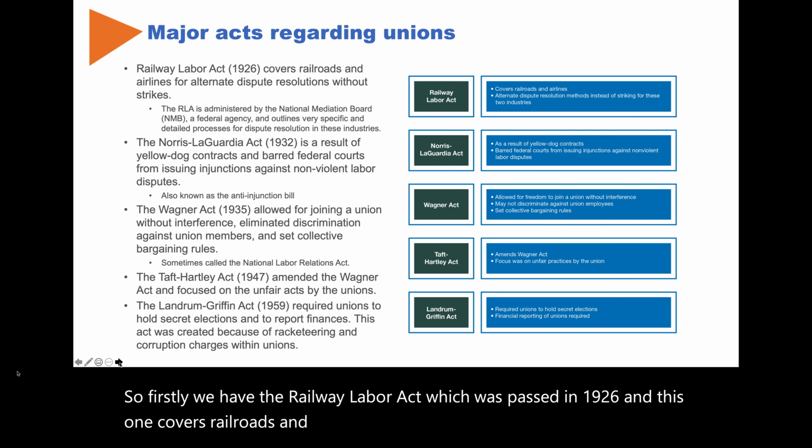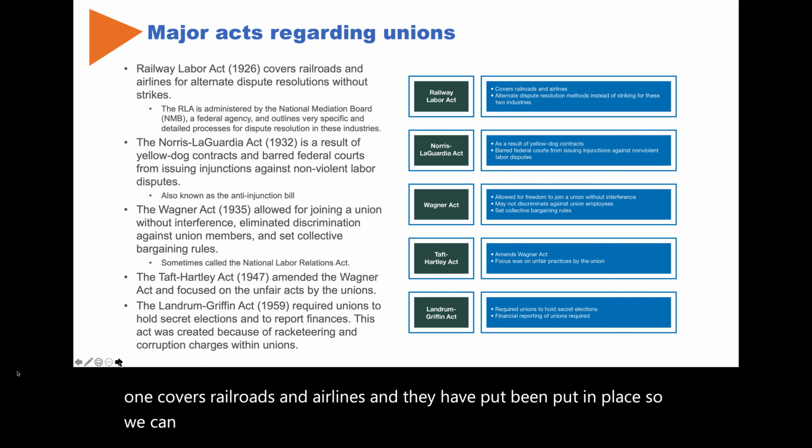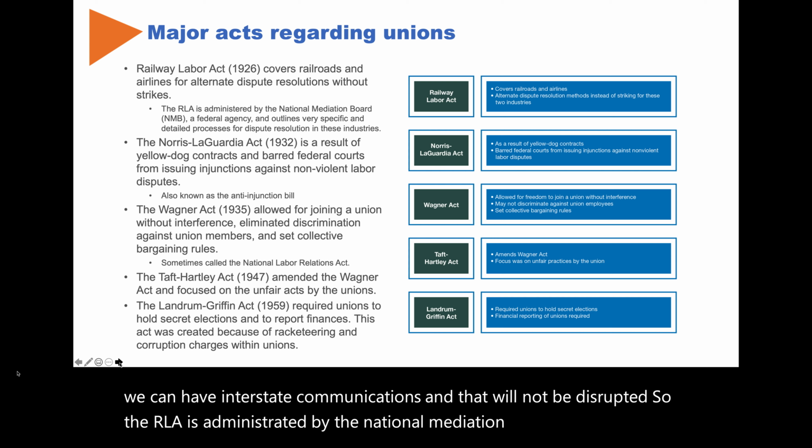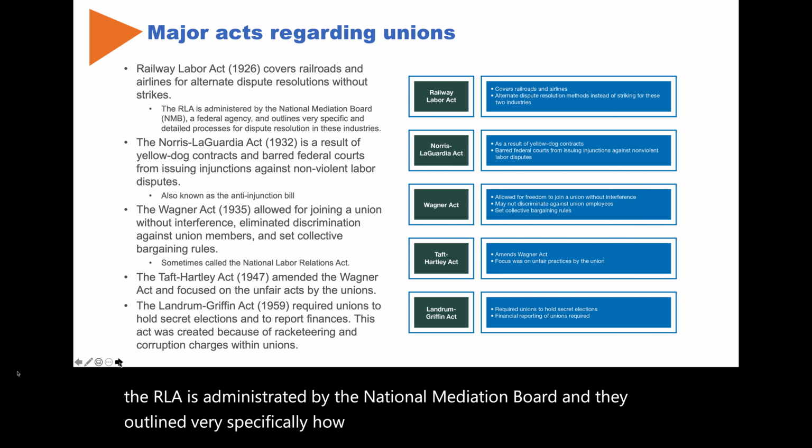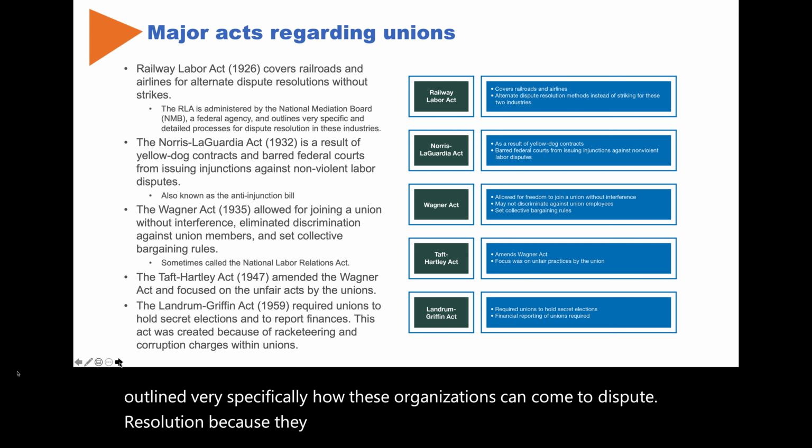It has been put in place so we can have interstate communications that will not be disrupted. So the RLA is administered by the National Mediation Board, and they outline very specifically how these organizations can come to dispute resolution, because they cannot just strike at will, because it can't be disrupted.